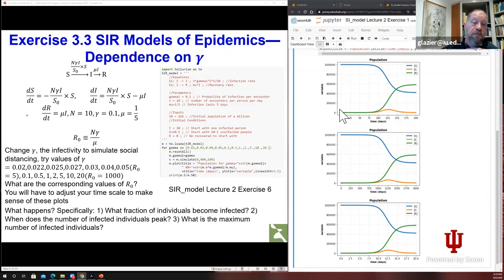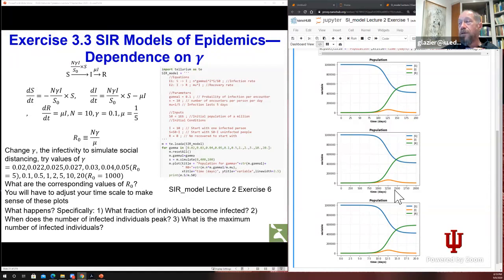So only 5% of the population is infected at any given time, but still 60% of my total population gets infected. So that's sort of discouraging because it seems like, gee, if at most 5% of the population is infected at once, then the total number of people who get infected shouldn't be that big, but it still is.